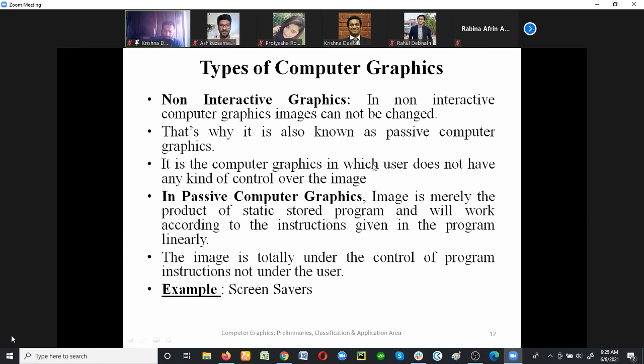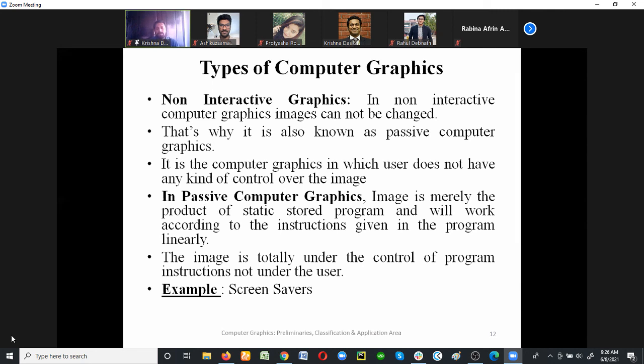And now non-interactive graphics, which we are going to finish very soon. In non-interactive graphics exactly the opposite happens. That means the user does not have any control over the changes. Think about not only static images in your computer, but changes that are not made by you.